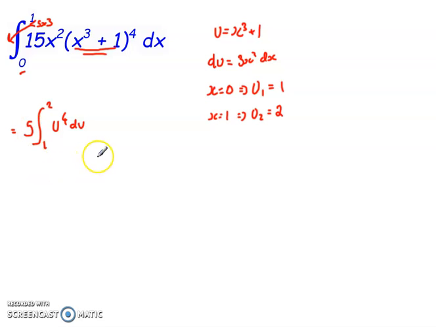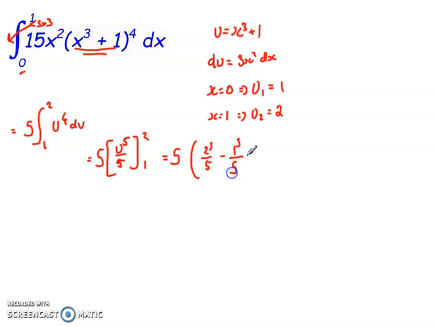So I'm now going to integrate, substitute my limits in, and see what I get. I end up with 5 times the integral, which gives me u to the power of 5 over 5 between 2 and 1. Substituting in, that gives me 5 brackets 2 to the power of 5 over 5, take away 1 to the power of 5 over 5.